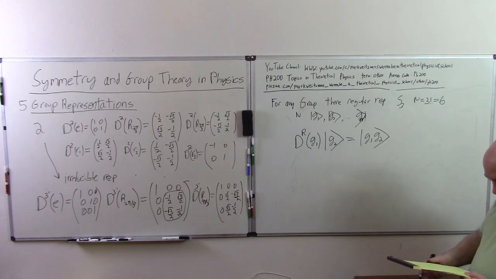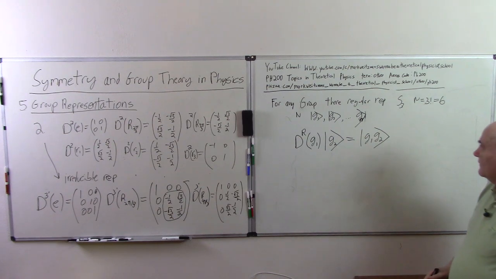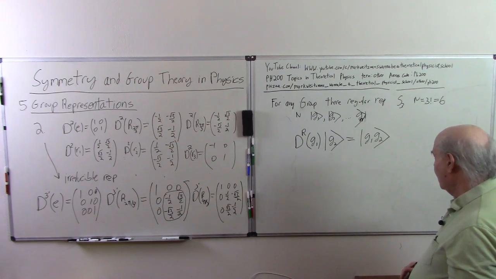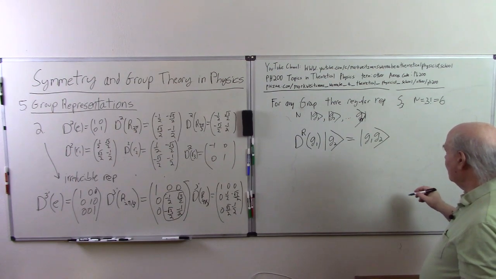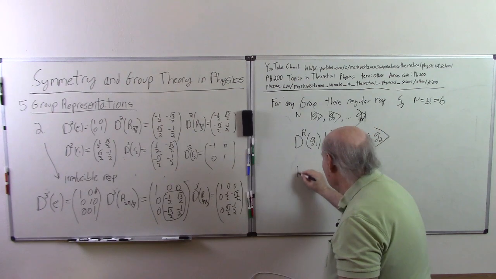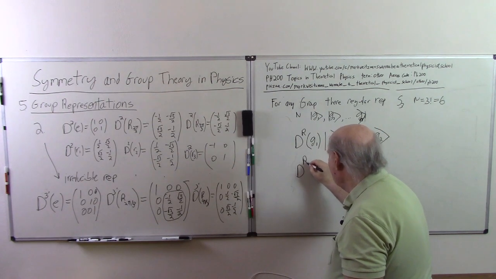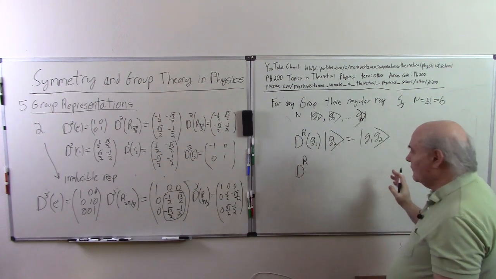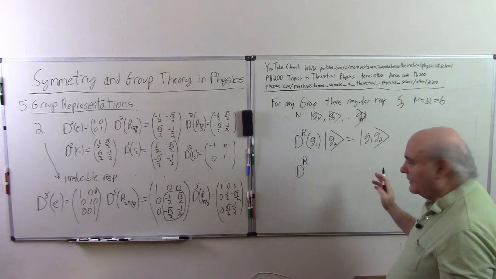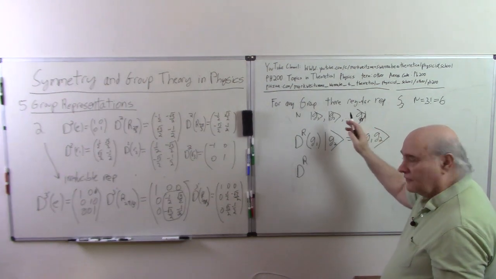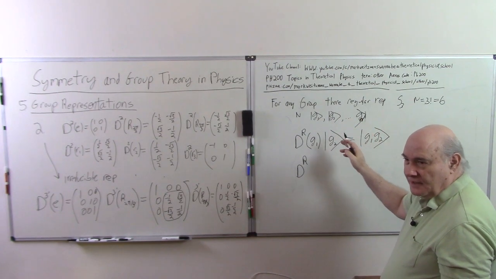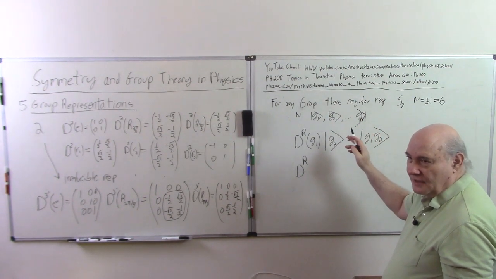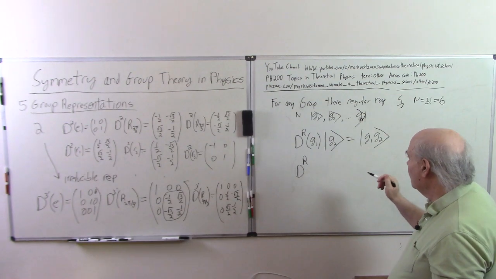It's easy to show this has the same property as in the defining representation: there's going to be a 1 in every column and a 1 in every row, and that's it.